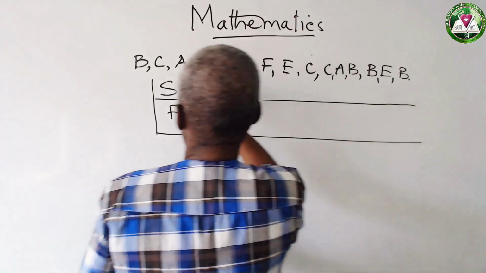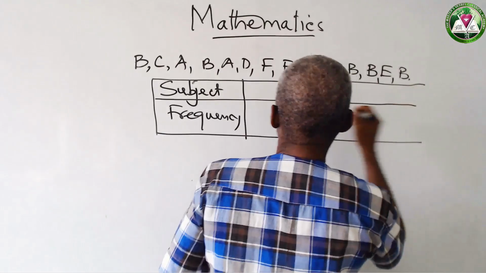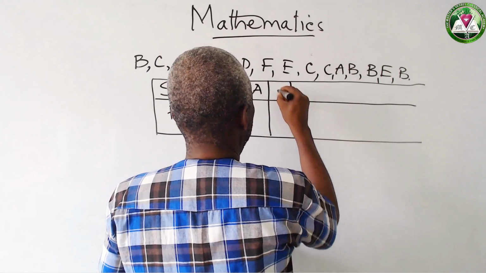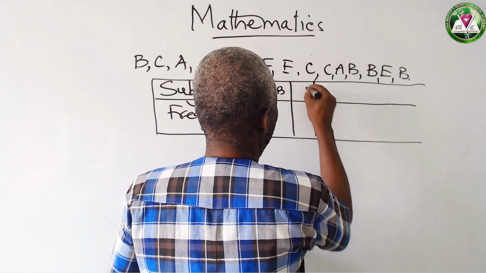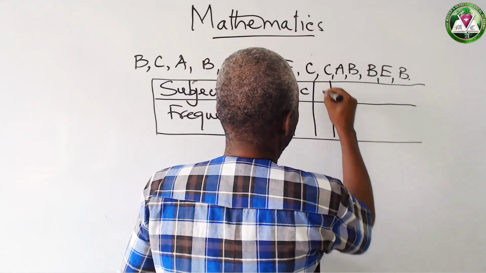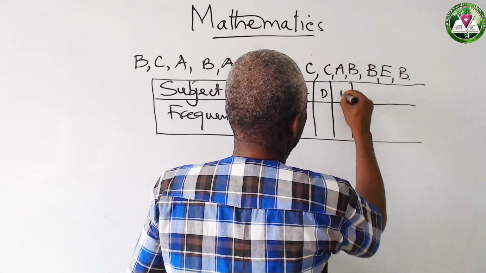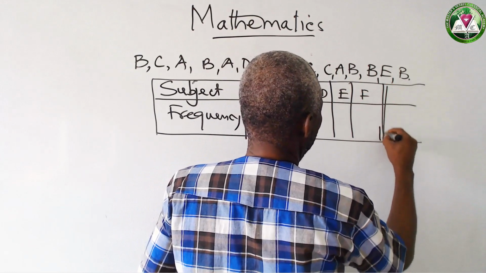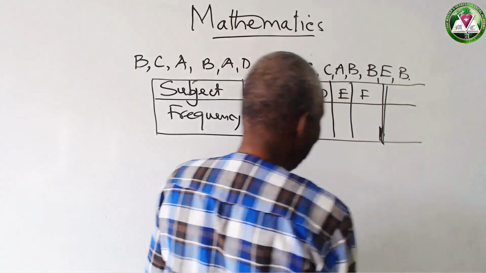Statistics table. That is how it will look like. So maybe here will be A, that is B, that is C, D, E, and of course F. That's what we have.